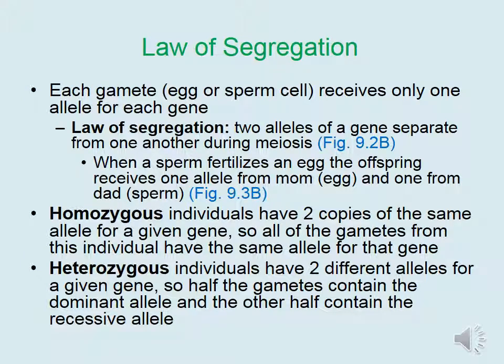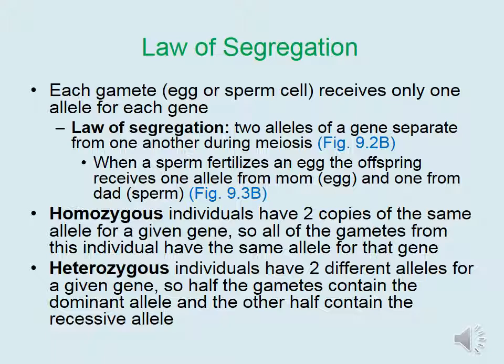As we saw in the monohybrid Punnett cross, and as we learned in meiosis, each gamete, meaning an egg or sperm cell, receives only 1 allele for each gene because it receives only 1 member of a homologous pair of chromosomes. This leads us to the law of segregation that states that 2 alleles of a gene separate from one another during meiosis.